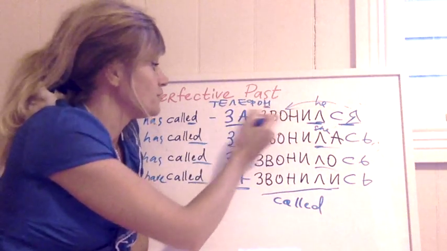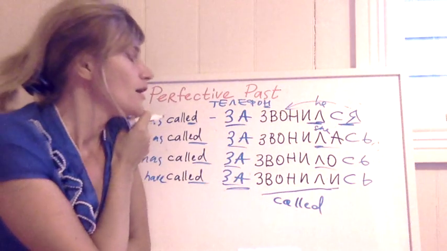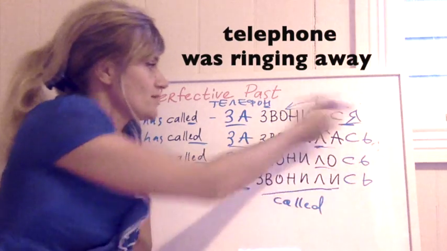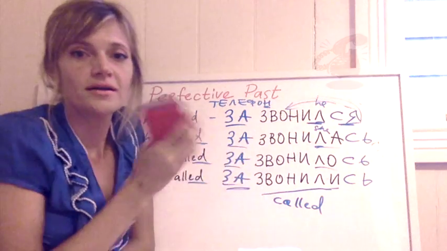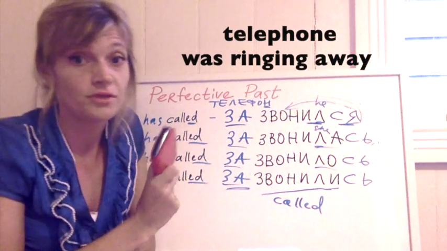Зазвонился. Телефон зазвонился. What does it mean? That telephone kind of called itself extremely. Telephone got into the loop of ringing. Sometimes if I forgot my phone at home and my friend says to me, pick up your phone.